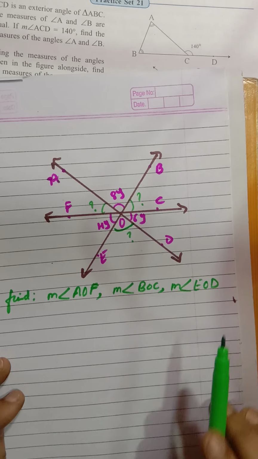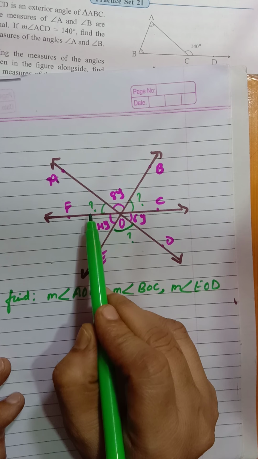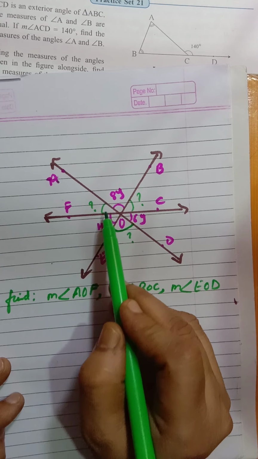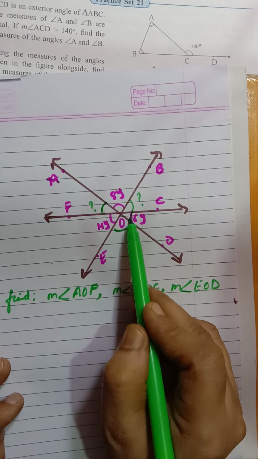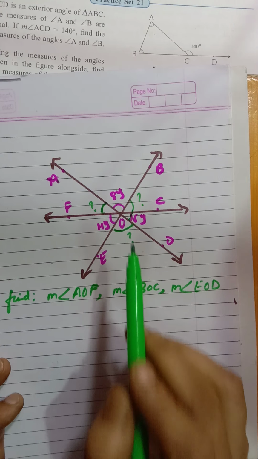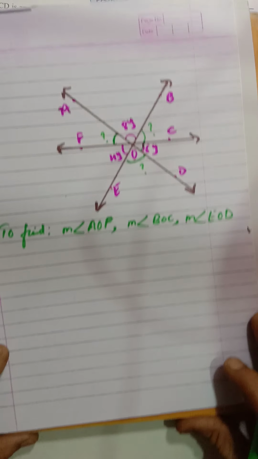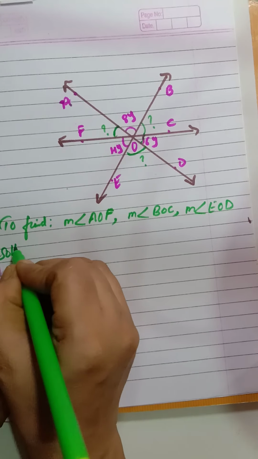Now you can see children, this angle, we have learned about vertically opposite angle. This angle and this angle both are forming what? Vertically opposite angle. So this will also be 6y, but we have to write. So we will write here, start with the solution.